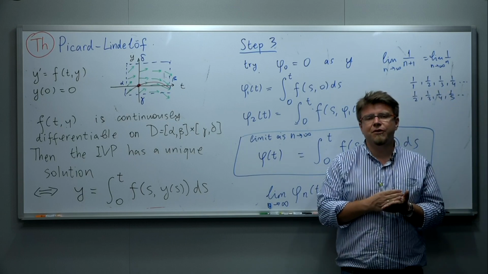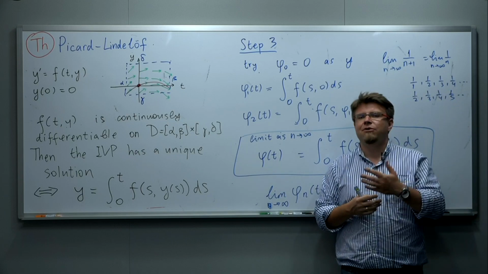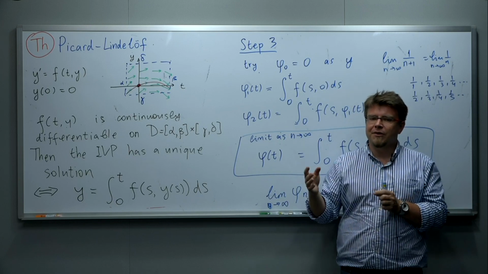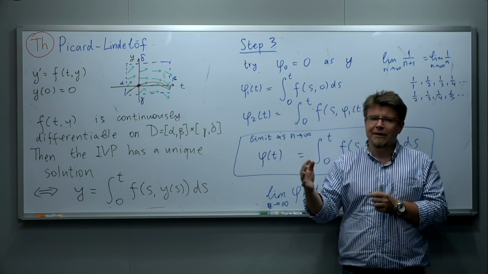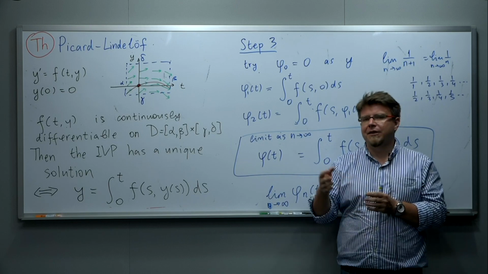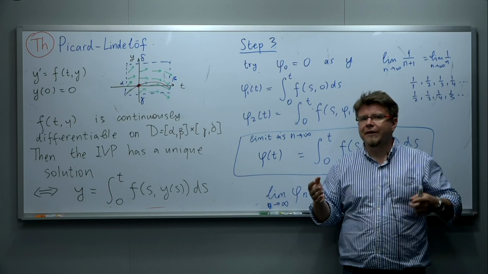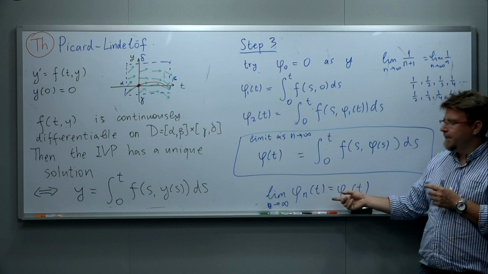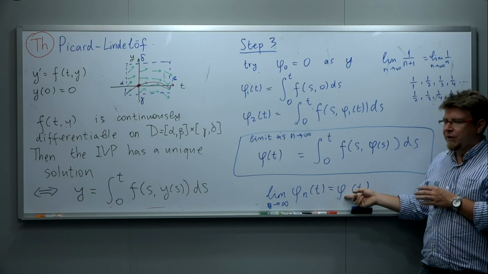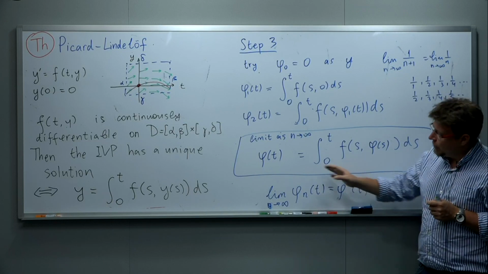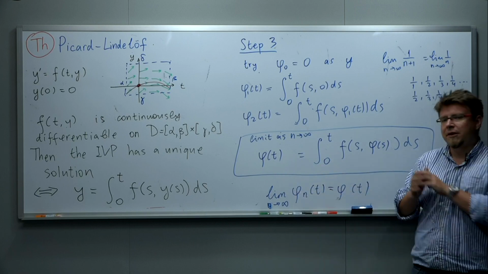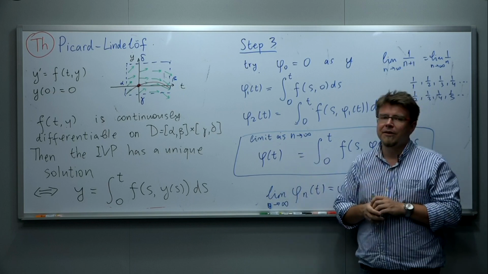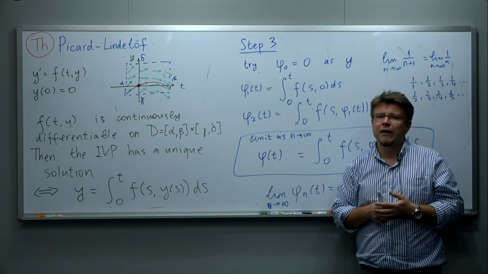You have not learned the notion of uniform convergence from real analysis yet, but you have to believe me that the three exercises that you went through in class and in homework not only show that this limit is phi of t for every specific value of t, but also that the sequence converges uniformly, and therefore taking the limit in the integral equation is actually a valid operation, right?